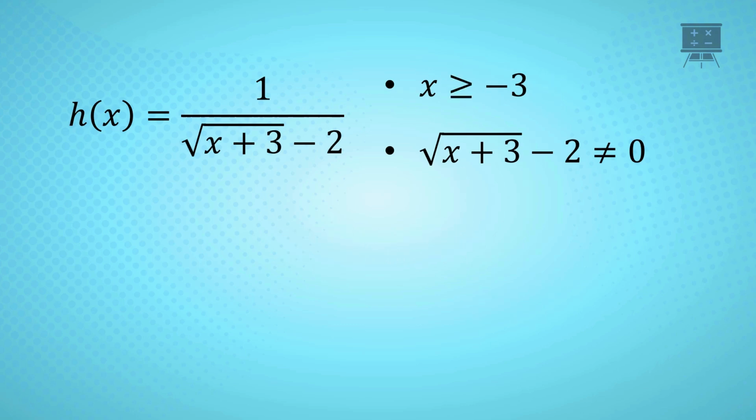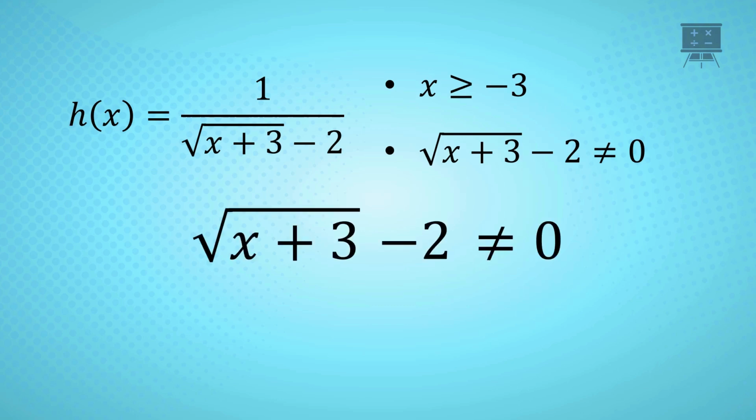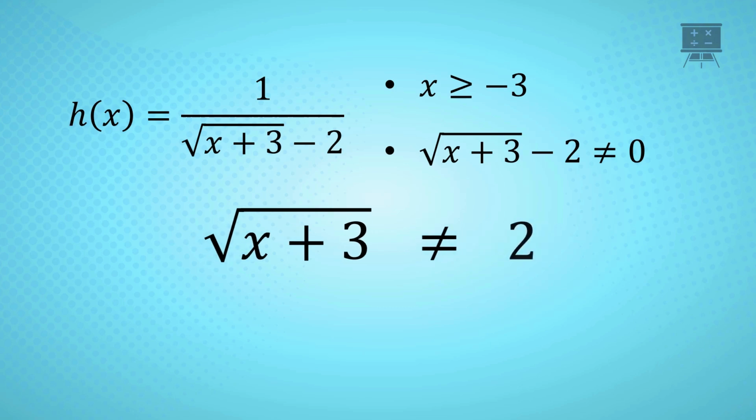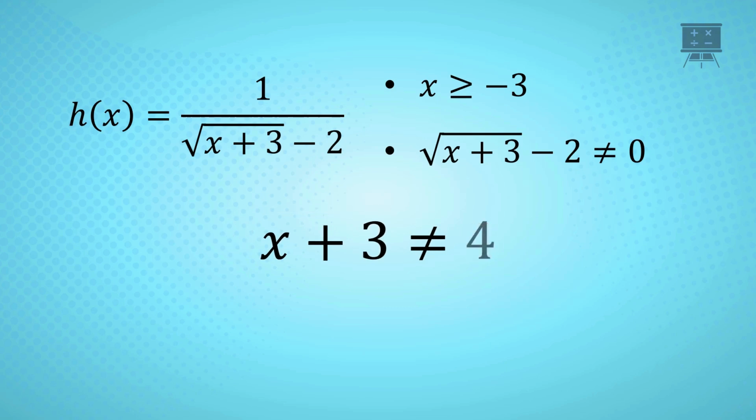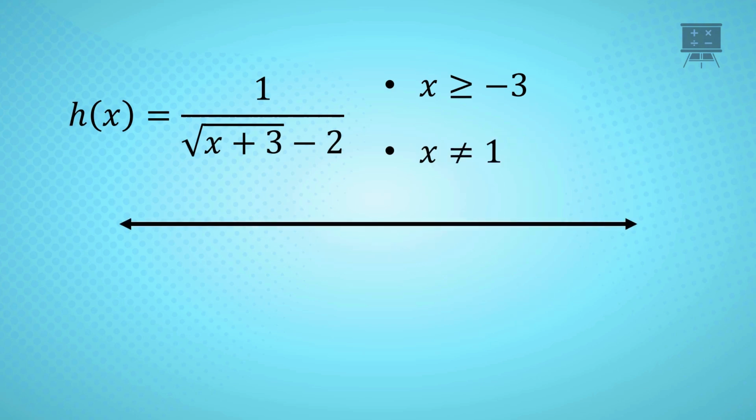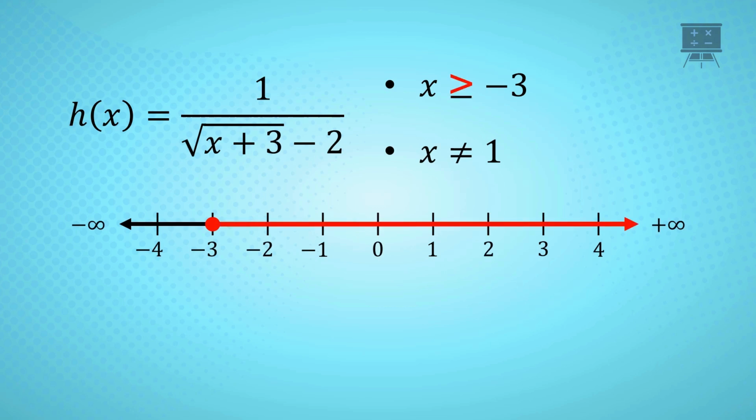For the second restriction, we solve the inequality: the square root of x plus 3, minus 2, is not equal to 0. Add 2 to both sides. Square both sides. Subtract 3 from both sides. x should not equal 1. We place a shaded circle over -3, draw an arrow towards positive infinity, and place an open circle over 1.